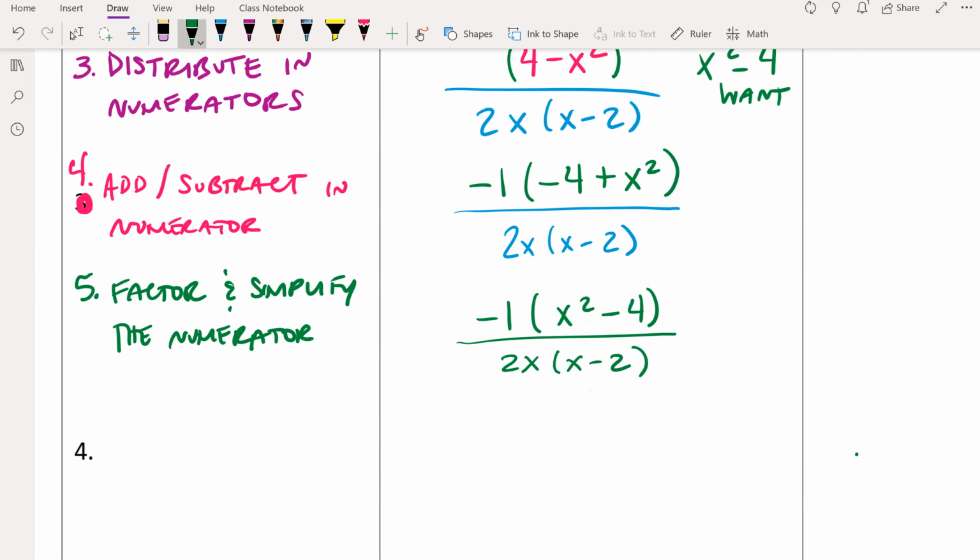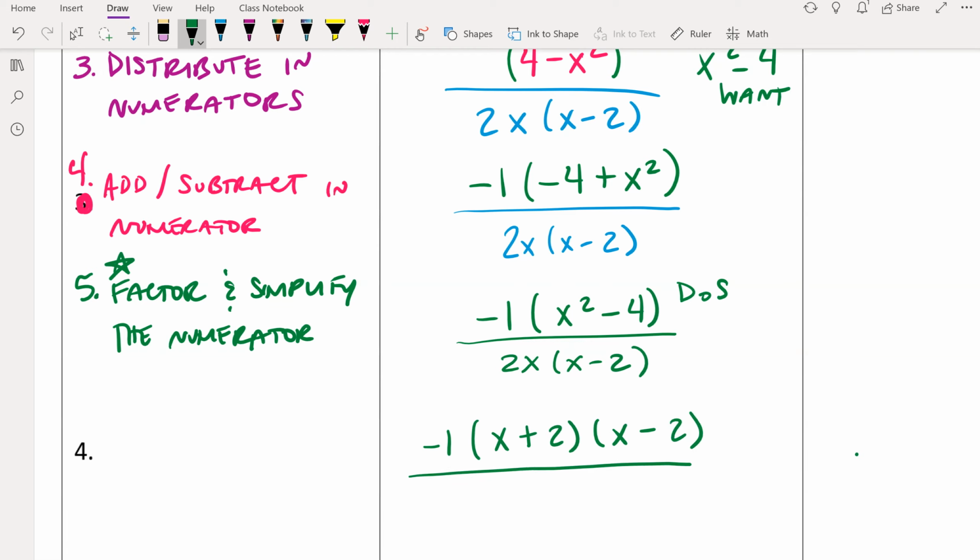Okay, and now we can factor the numerator even more, right? X squared minus 4 is difference of squares, and it factors like this: negative 1, x plus 2, x minus 2, over 2x, x minus 2.